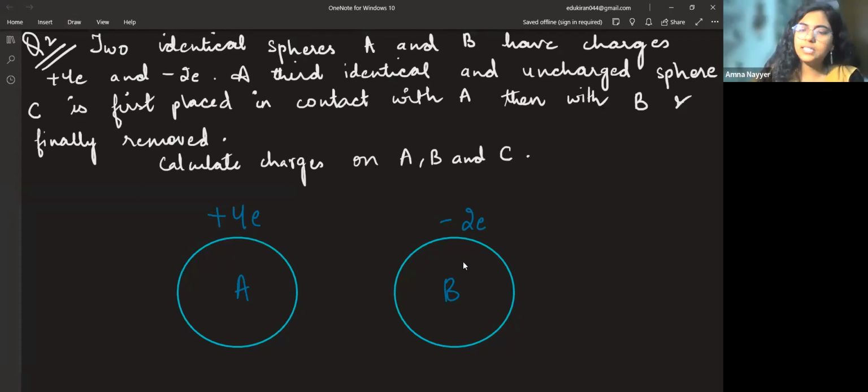Now, if these charges are present, then it says a third identical but uncharged sphere. It's identical, so we can use the same concept of charging by conduction. Uncharged means the charge that it is containing is zero. Let me make this C only.